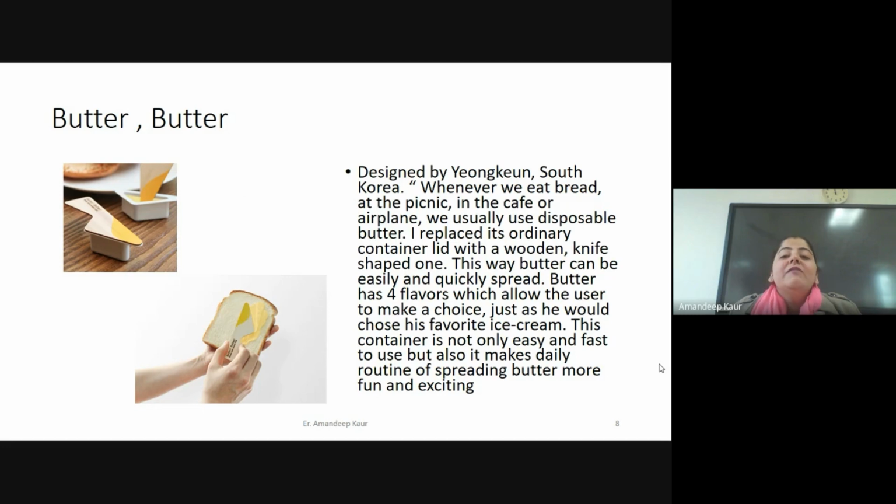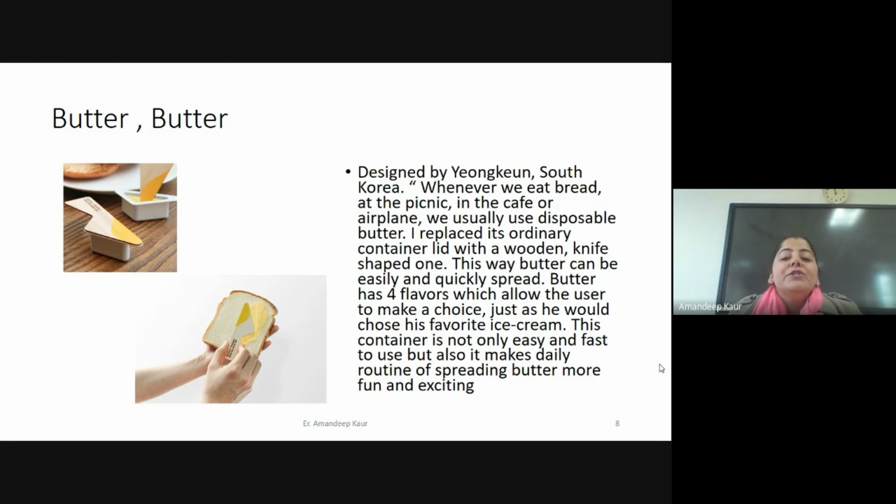Now see, when the student is working on that particular project, the student is able to identify the problem from the surrounding environment. Along with it, the keen observation of the student helps him to define the different dimensions of the problem. So he not only worked on the container packaging and the wooden knife that he provided, but at the same time he added flavor to that particular product so that the population has different kinds of flavors available.